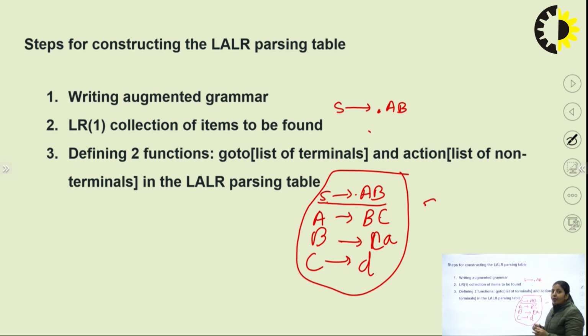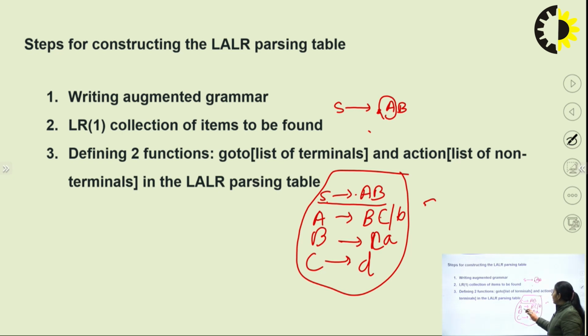Now how can we find the other rules? Now we can see here S gives dot AB. Here after the dot what is there? There is a non-terminal. So what we have to do? We have to check all the productions that are generated from A, and include all those productions also.